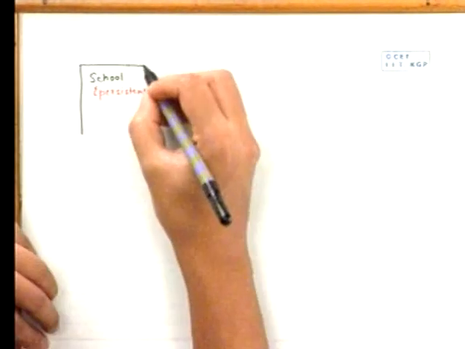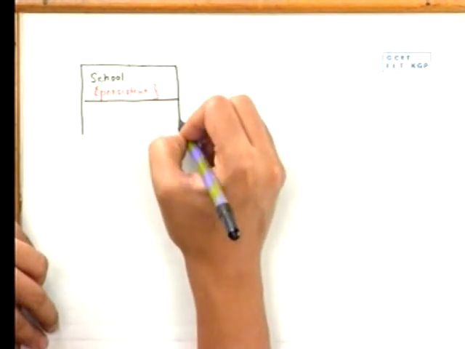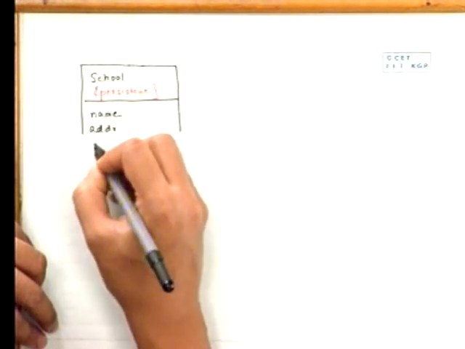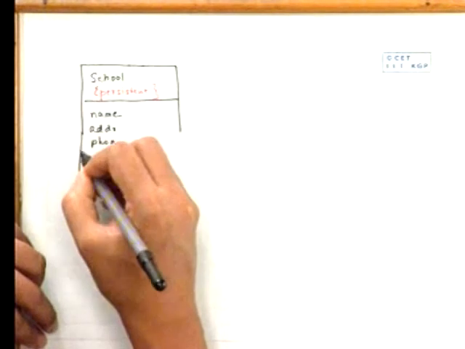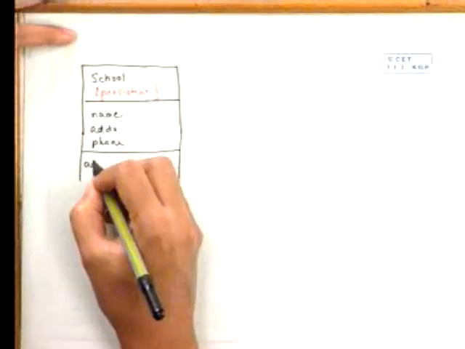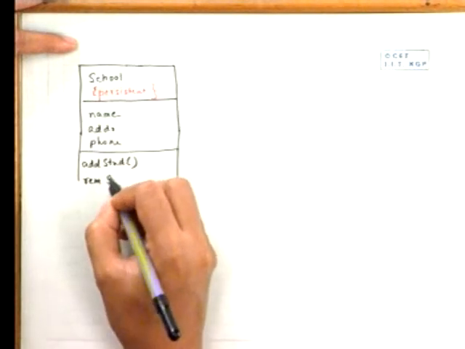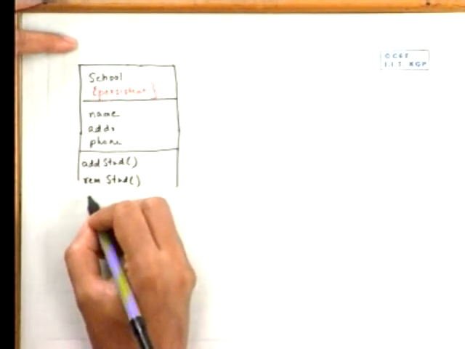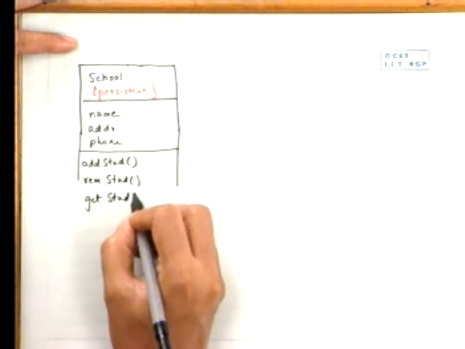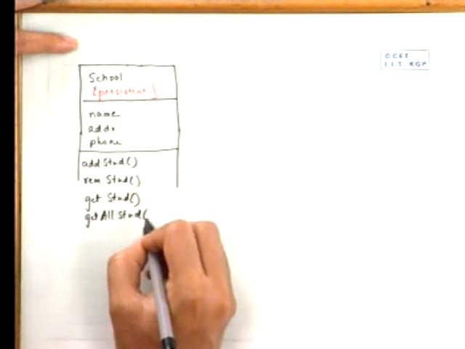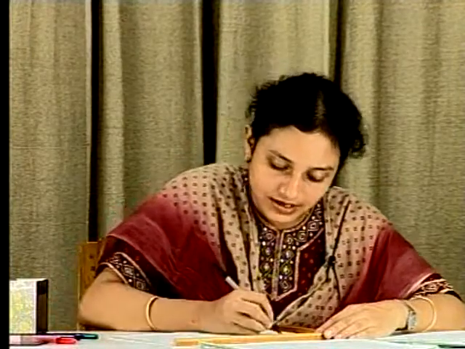And the school has several attributes, for example, name, address, phone number. And there are several operations that are defined on school. For example, add student, remove student, get all students, then add department, remove department, get all departments, etc.